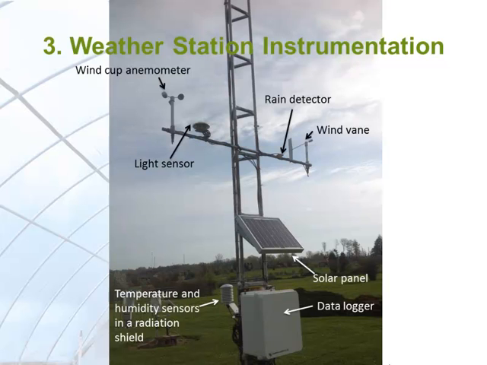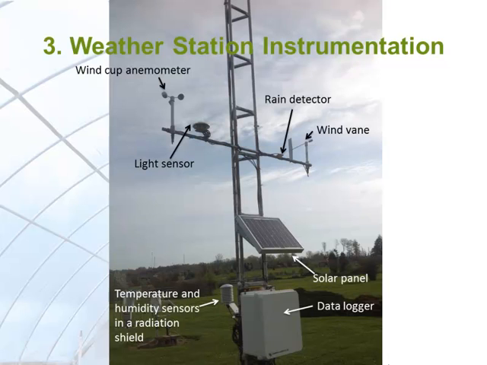Thus, it is reasonable to assume that the solar panel is facing south. With that established, we find the light sensor is mounted on the west side of the tower, and the wind cup anemometer is mounted further west of the light sensor.